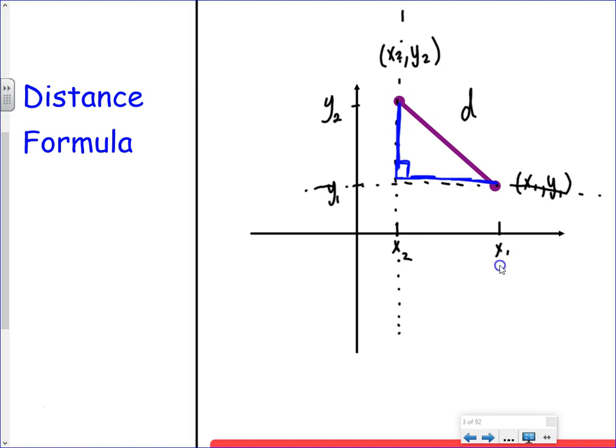Yes. But I'm trying to actually figure out where the distance formula comes from. So what part of the distance formula? Some of you remember it. You're like, oh, d is equal to, or d squared is equal to, depends on which one you memorize. So think about what part of that formula gives me, for instance, this horizontal leg.